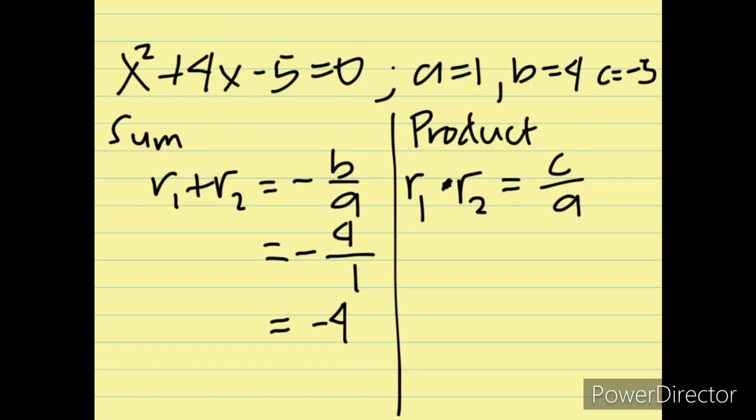Again, what is our c? Our c is negative 5 and our a is positive 1. Therefore, the product is negative 5. The product of x squared plus 4x minus 5 equals 0 is negative 5.